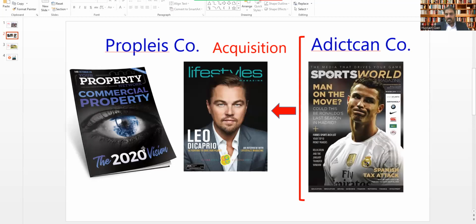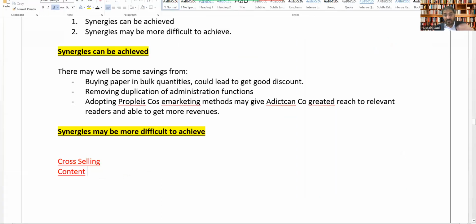The content of the acquirer side and the target company is very different. So in terms of content, will we be able to get any synergy? No way. Then there is limited scope for staff to utilize common work. So limited scope of staff synergies. It's not administrative staff, here the content writers, the editors, the limited scope of staff synergy. So these are the points that need to be covered.